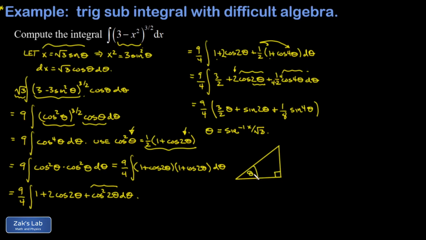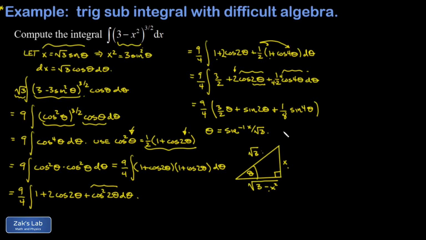Here's theta, and it's the angle whose sine is x over root 3. That means the opposite is x, the hypotenuse is root 3. So the adjacent side has got to be the square root of 3 minus x squared. Double check real quick that the Pythagorean identity is satisfied here. The square of the adjacent side is 3 minus x squared, plus the square of the opposite side, x squared. That kills the x squared, and I end up with a 3, which is the square of the hypotenuse.